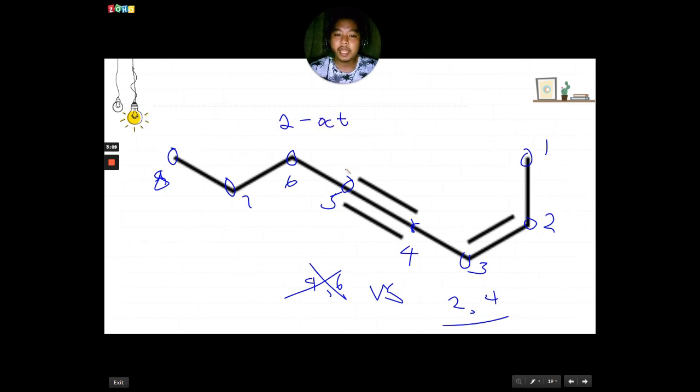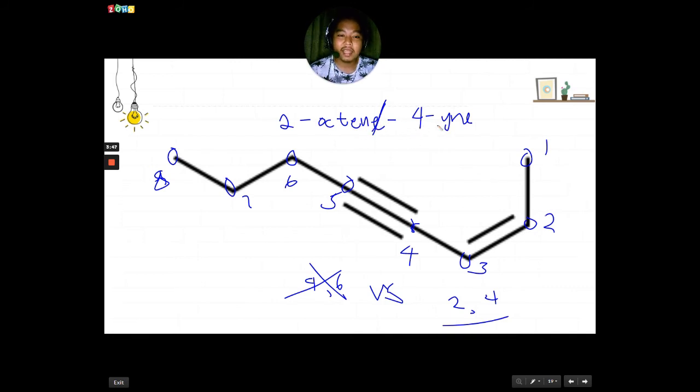Oct. But to indicate that there's a double bond, we place ENE, because that's 2-octene if there's no triple bond. However, we have a triple bond on the fourth carbon, so we place 4-yne. And in cases where there is a double bond and triple bond, they remove one E here because it will be redundant, and it would make a cluster of vowels, right?